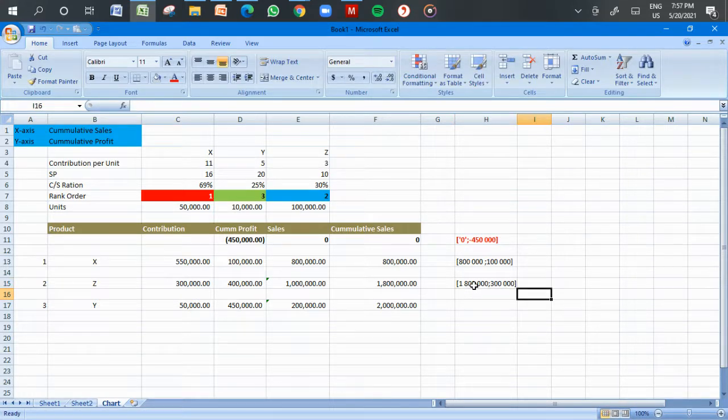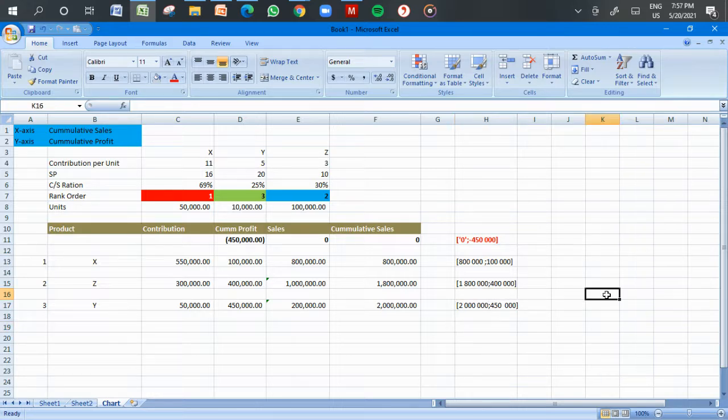Then the last coordinate will be 2 million against 450. This one is not supposed to be 300, it should be 400. That's the cumulative profit there.